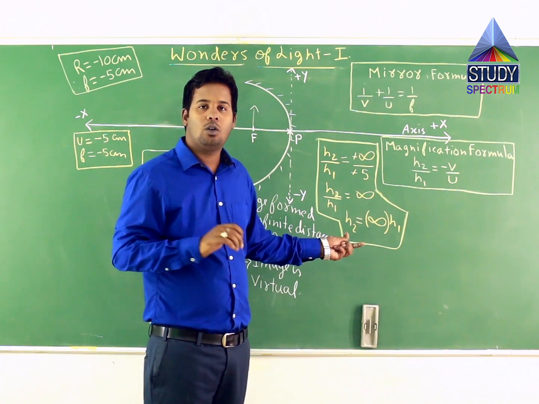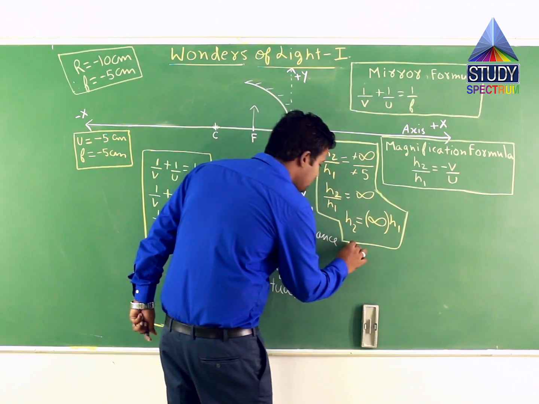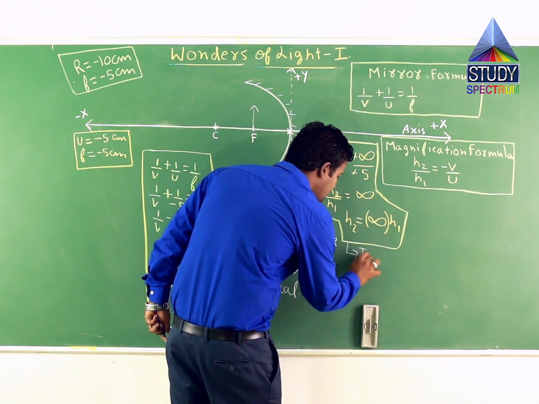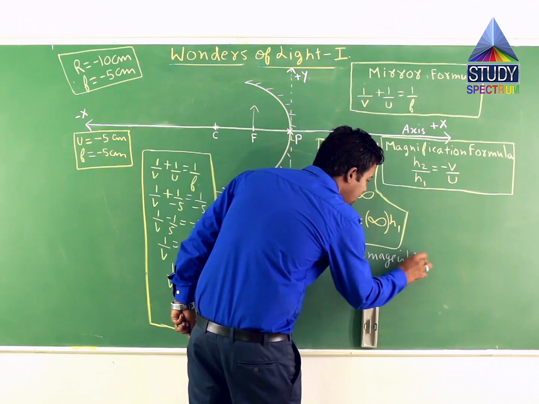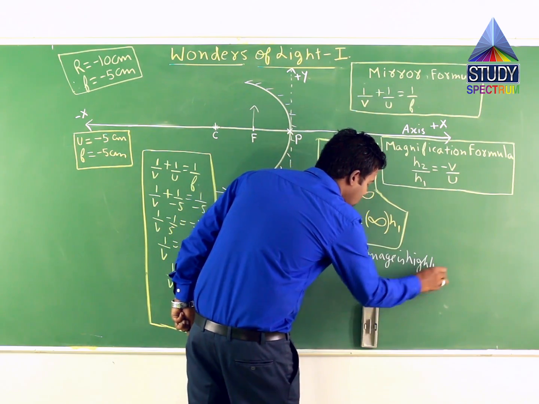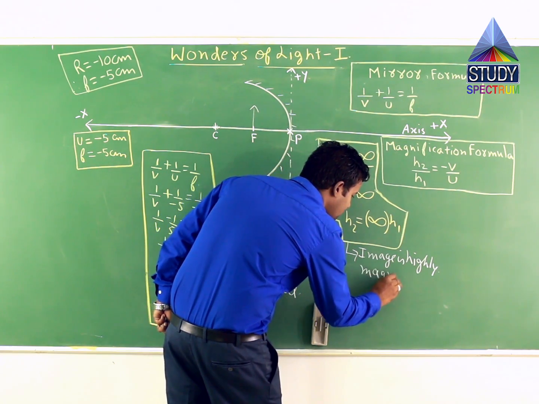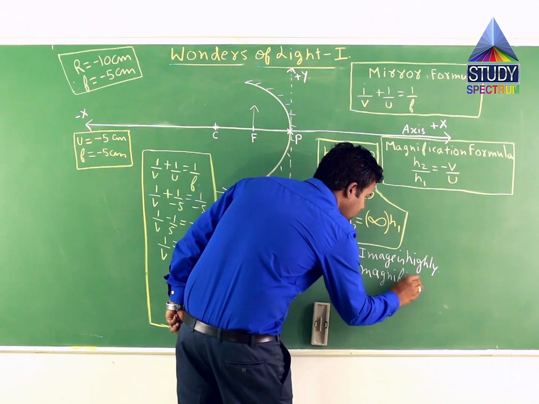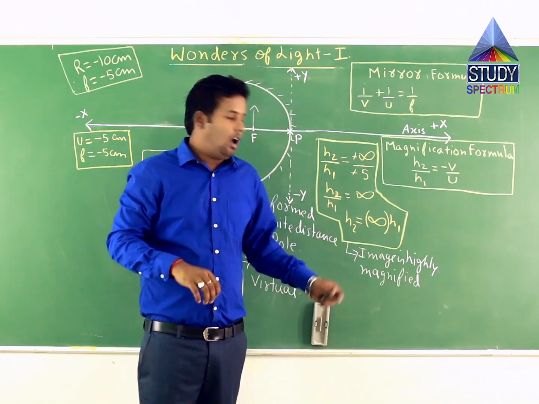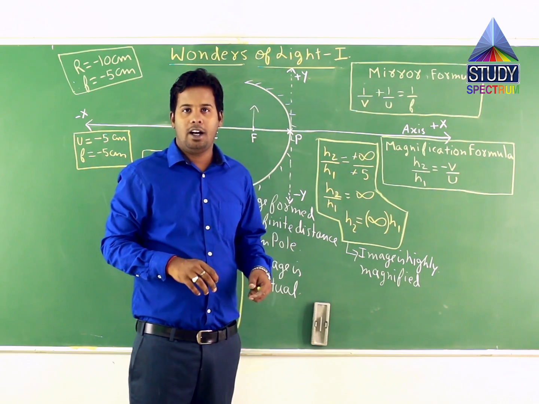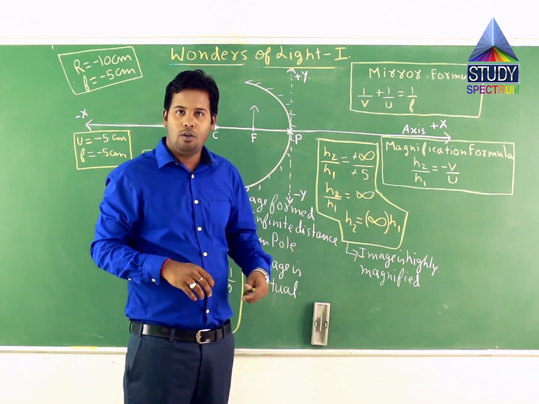Correct? So the answer should also be infinite here. It means the very first result we can write is image is highly magnified. Highly magnified means object has a considerable height, but image has a very very high value of height.